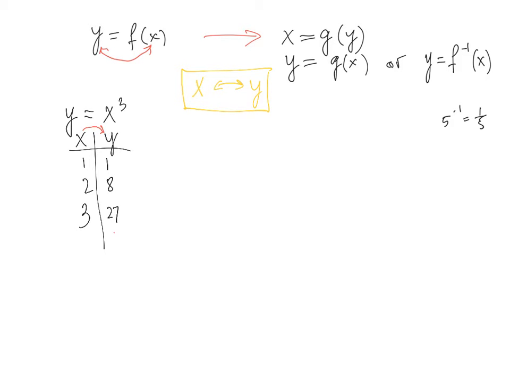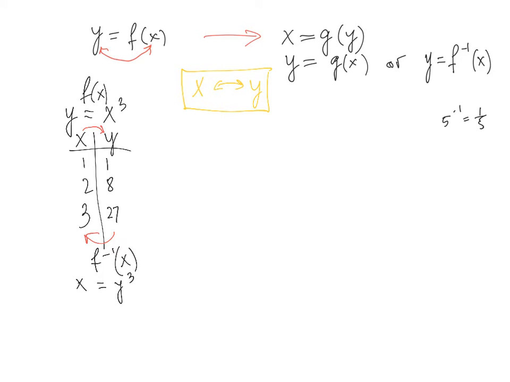But if you look at it backwards, that becomes the inverse function, so if this function is f of x, then this function will be f minus 1 of x. And think, if you just rename x and y, we will get this, x equals y cubed.